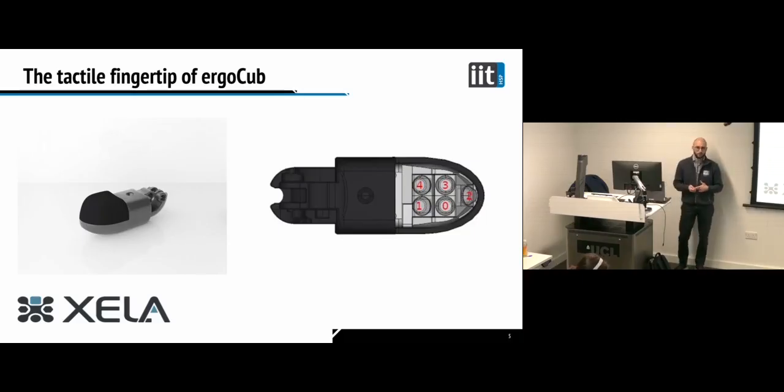Each fingertip has 5 taxels, which are Hall effect sensors that measure the 3-axis change in the magnetic field, and the taxels are covered by a magnetic skin that deforms when there is contact. So 5 taxels, 3 axes per taxel, so in total each fingertip gives us a 15-dimensional signal.